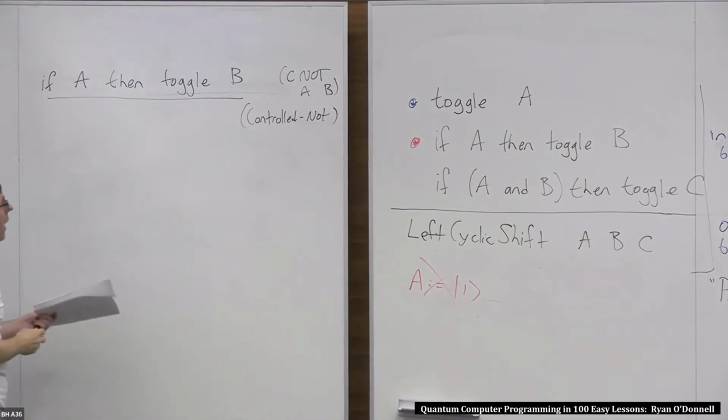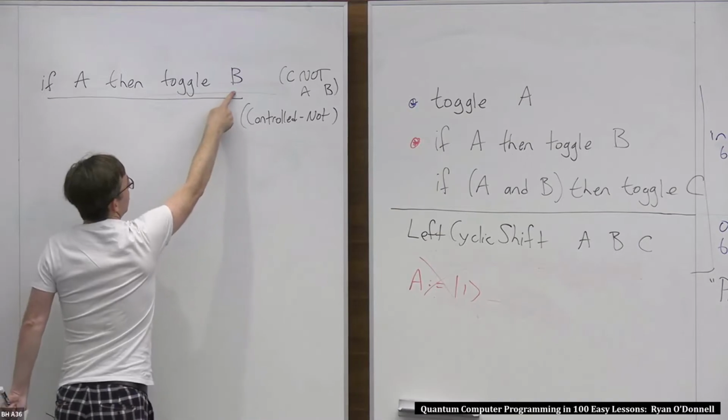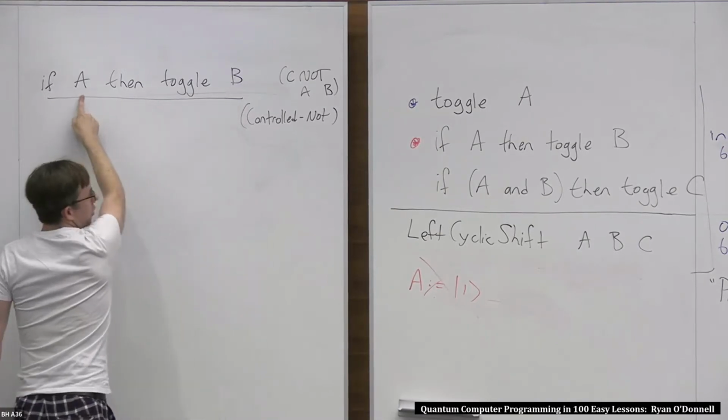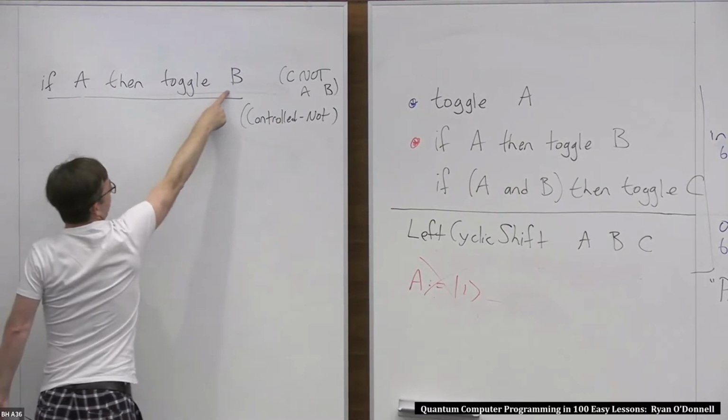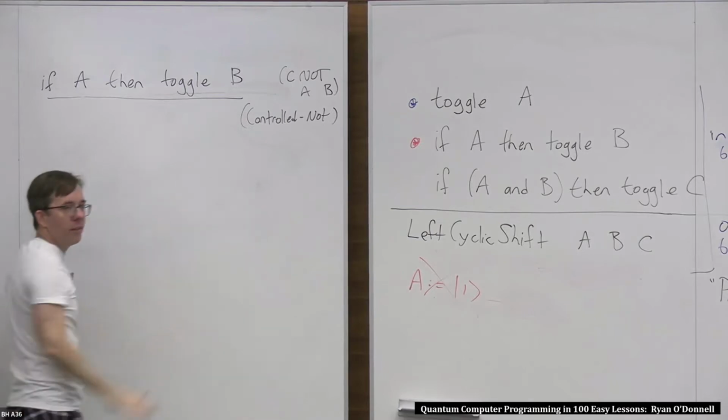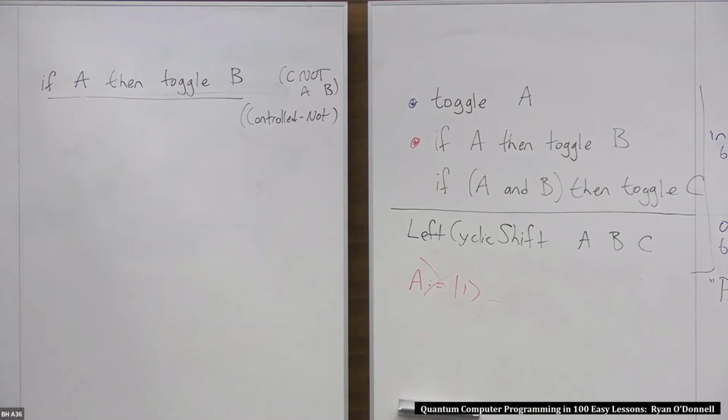The meaning of that is you do a NOT on B, but whether or not you do it is controlled by the truth value of A. If A is true, you do the NOT, and if A is not true, you don't do the NOT. That's why it has this name, C-NOT.